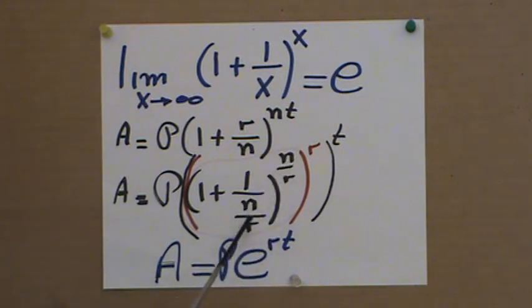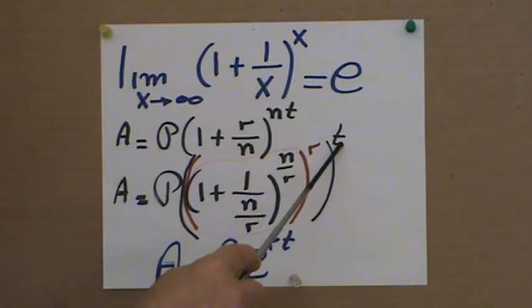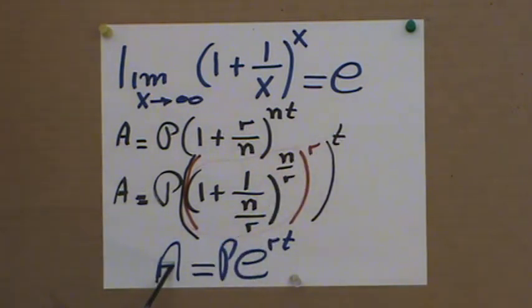So when they are the same, n over r, look what happens. This one, as n approaches infinity, approaches the number e. So you end up with e to the rt. Amount equals principal times e to the rt. And that is the formula for continuous compounding.